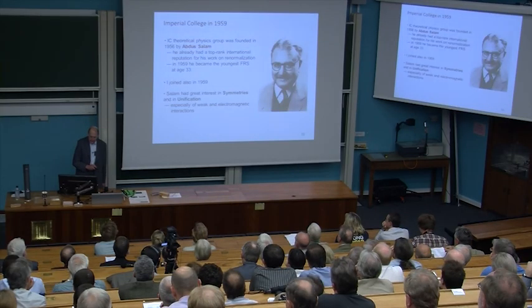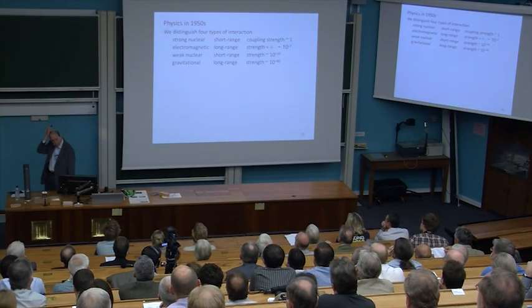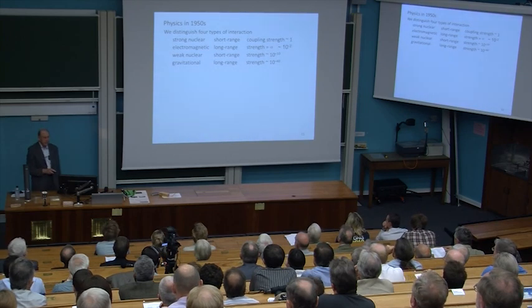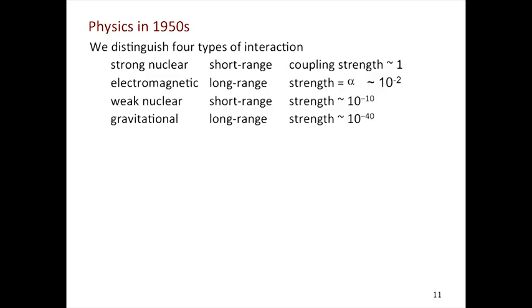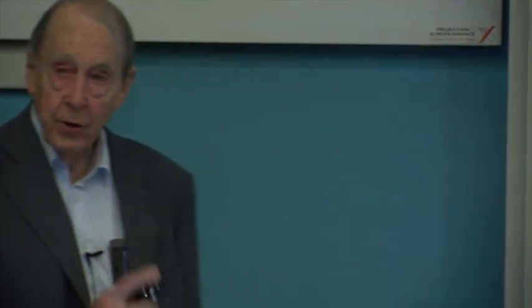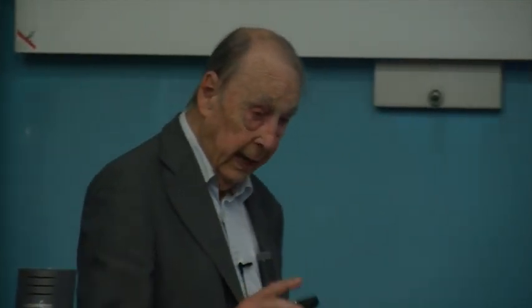Let me remind you that we distinguish 4 classes of interactions. There are the two familiar long-range forces, electromagnetism and gravity, which are, of course, well known. And there's also the strong and weak nuclear forces, which are short range, and so not familiar to large-scale physics, because they're only relevant on the scale of the atomic nucleus or smaller.